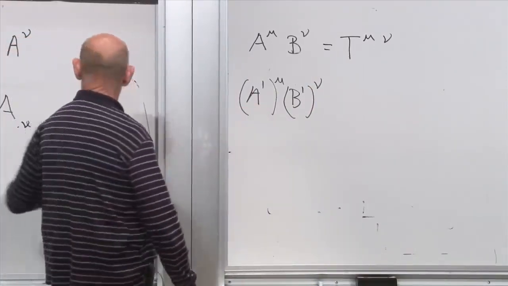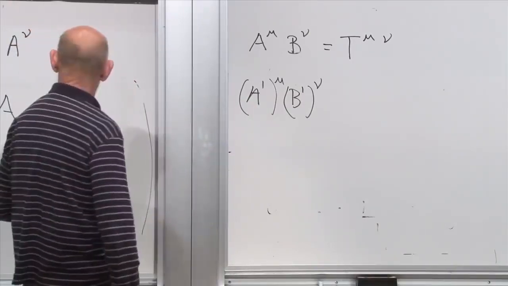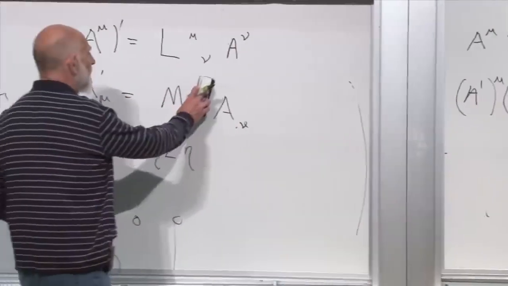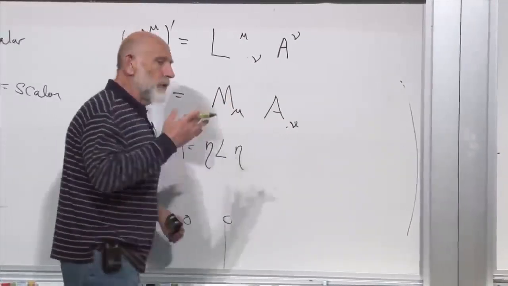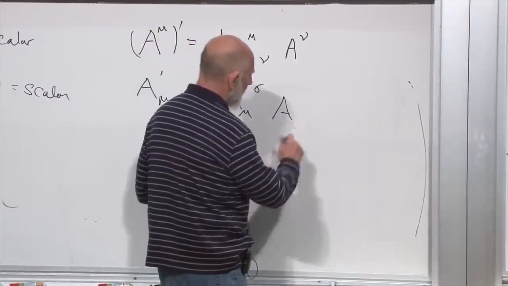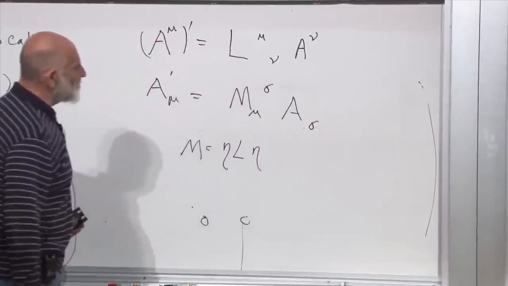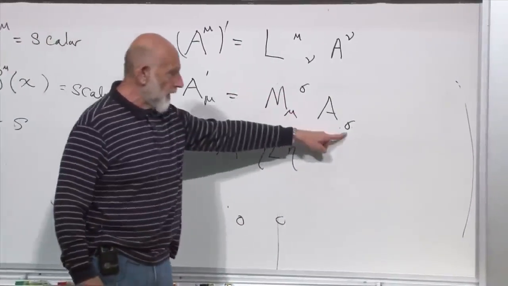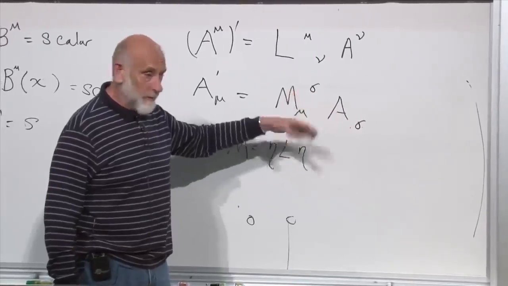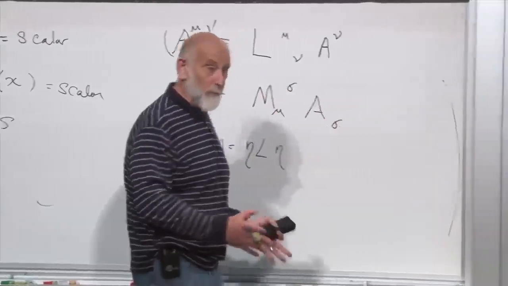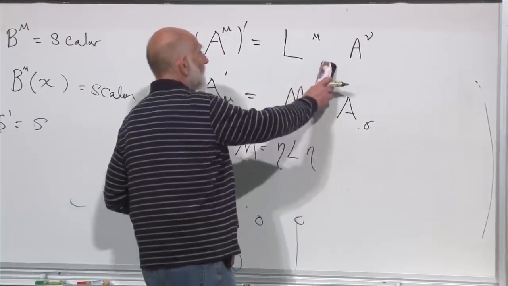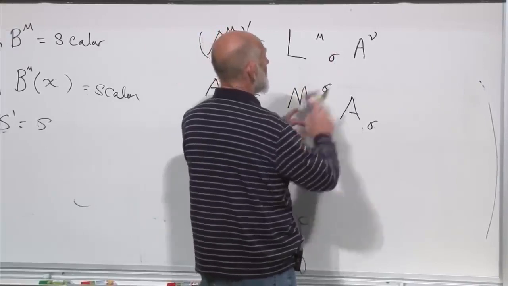Let's rewrite this using the transformation here. I'm going to change the symbol here. Instead of calling this nu, mu nu sigma. Remember, it doesn't matter what you call a summation index as long as you're consistent. You're summing over it, and so it's just a dummy index. Okay, and let's do it here also. Mu sigma, sigma.